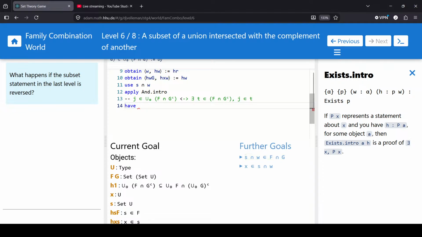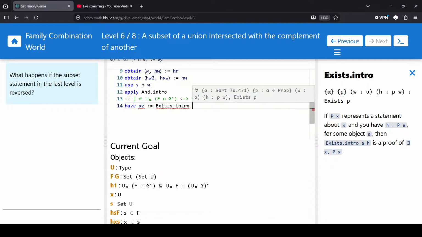What would I need to have for this to work? If I wanted to use exist.intro... This is a proof of there exists X. Is that P of X?